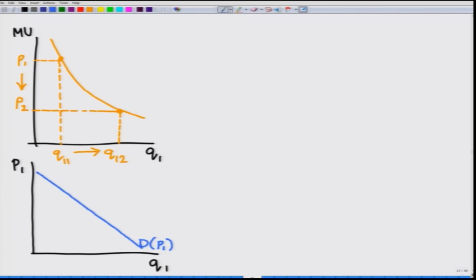Now, in the demand function we can see that, everything else remaining the same, if price falls the quantity demanded of that good increases.